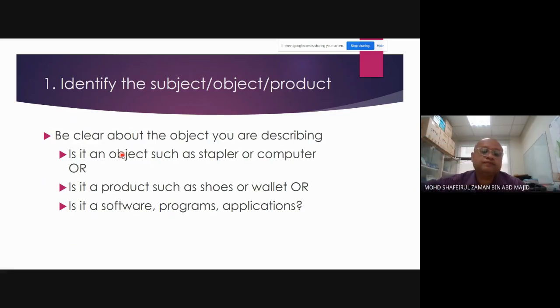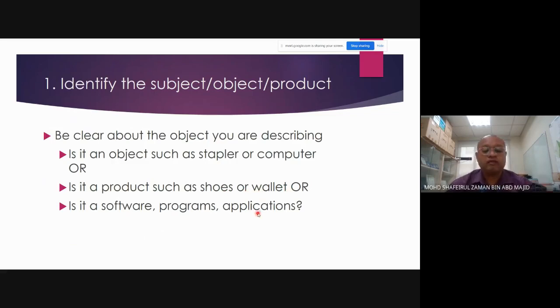Number one, identify the subject or the object or the product. You have to be clear about the object that you're going to describe, whether it is an object such as a stapler or computer, or a product such as shoes or wallet, or a software, program, or application.